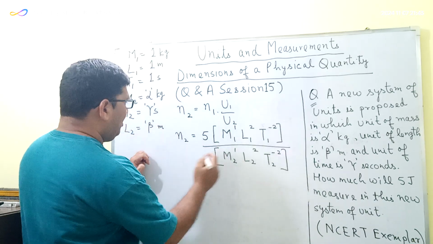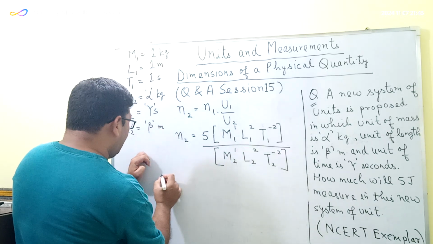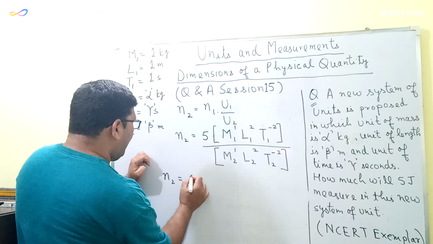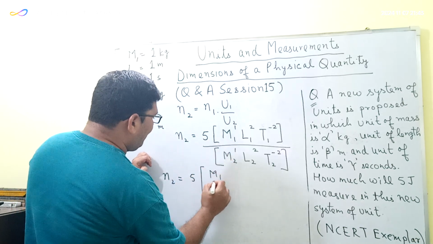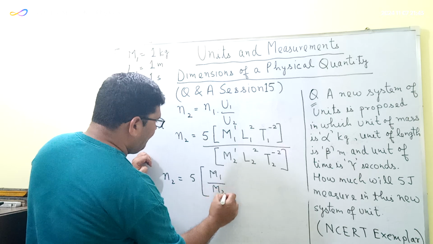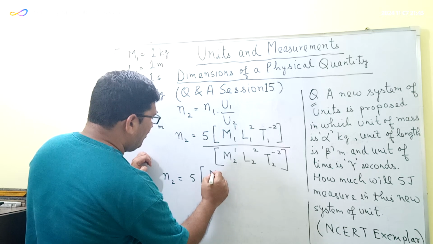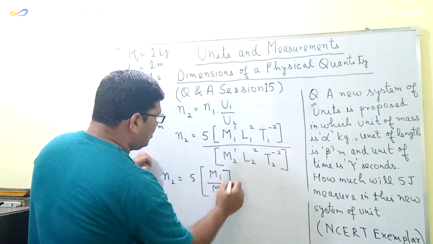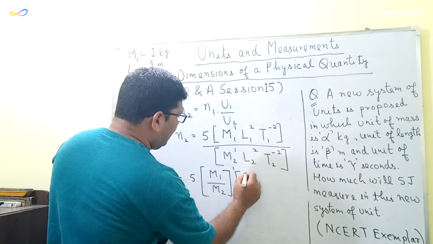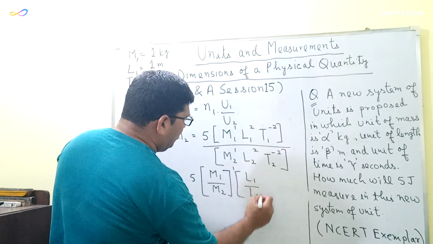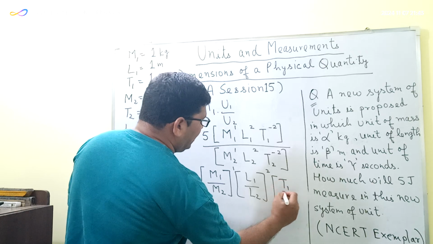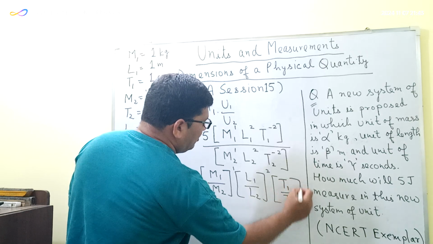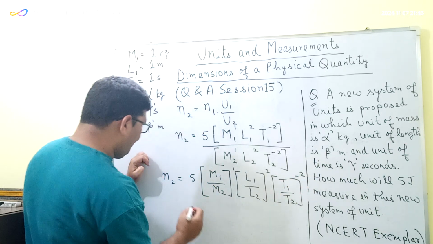So from this equation, N2 will be equal to 5. Now this can be written as M1 divided by M2 to the power 1, L1 divided by L2 to the power 2, and T1 upon T2 to the power minus 2.